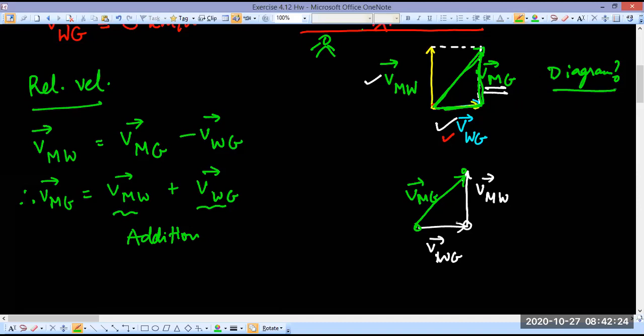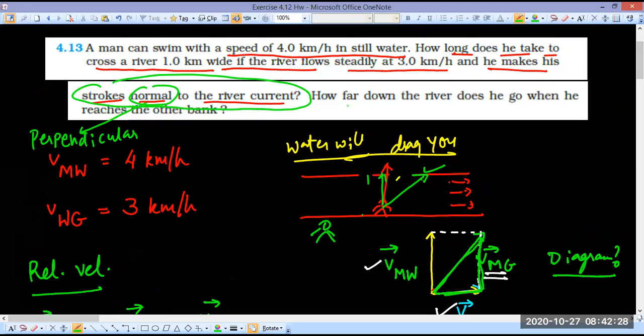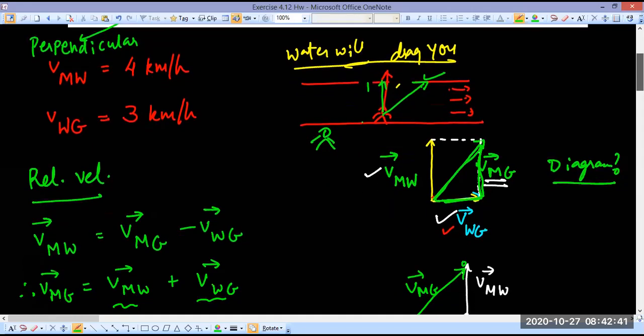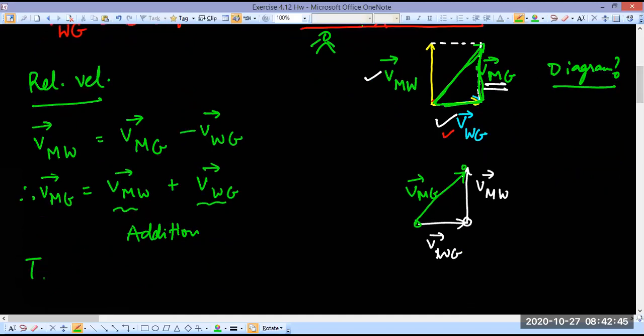Now let's see what we have to get actually. How long does he take to cross a river? So we have to find time, right? Now we have to find how much time he will take to cross the river.